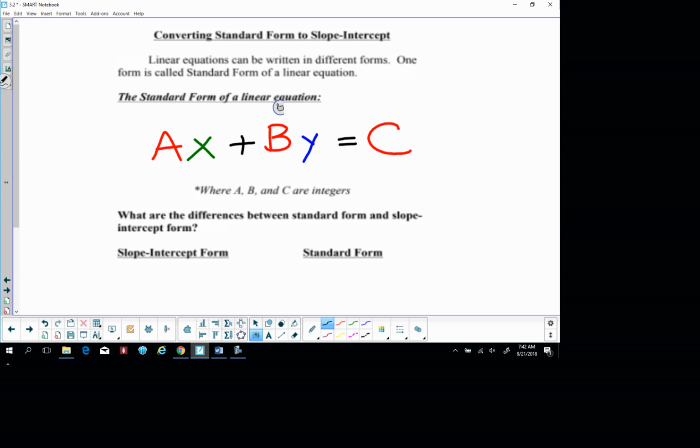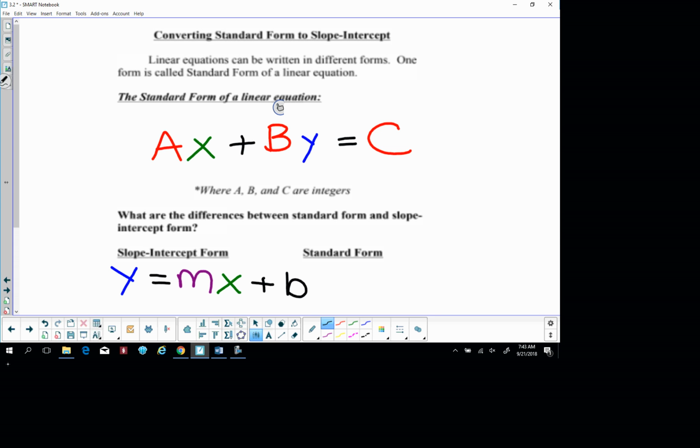Slope intercept form, right here, is when y is already by itself. So it's y equals mx plus b. And so you can see x and y are the same in both. So you can still plug in and figure out which one works.